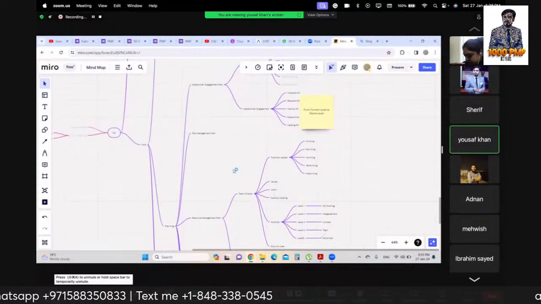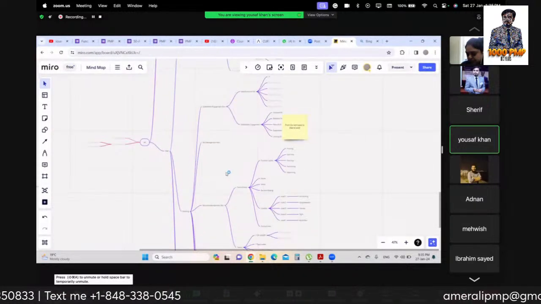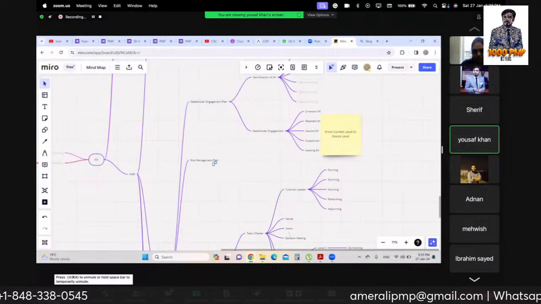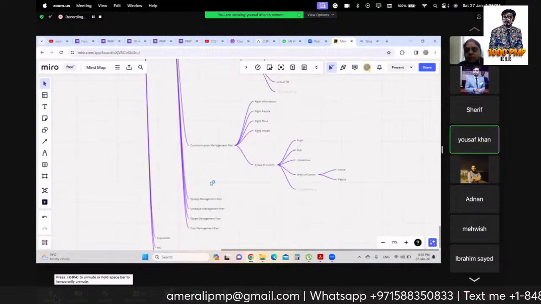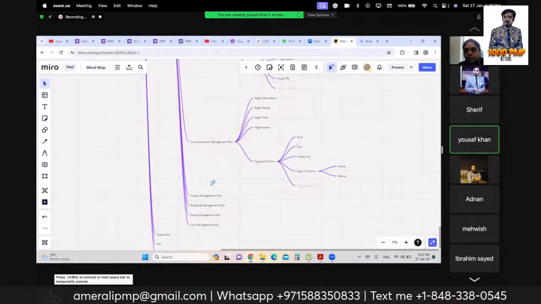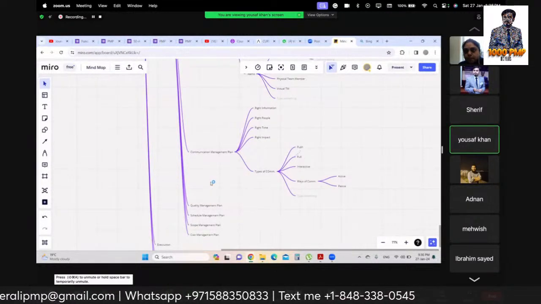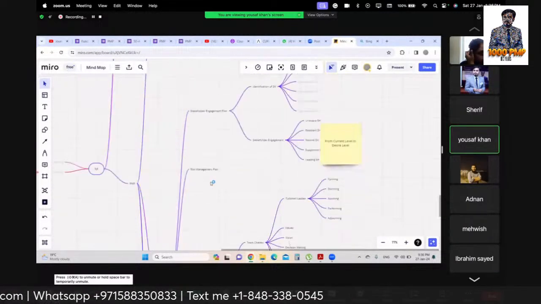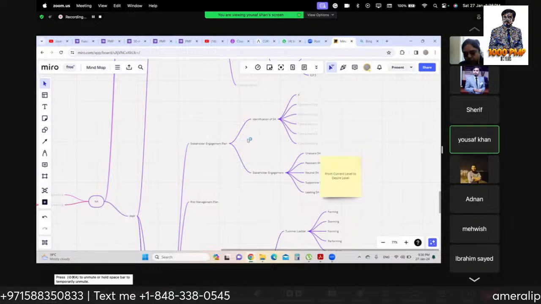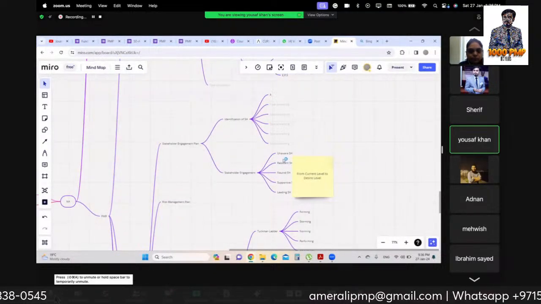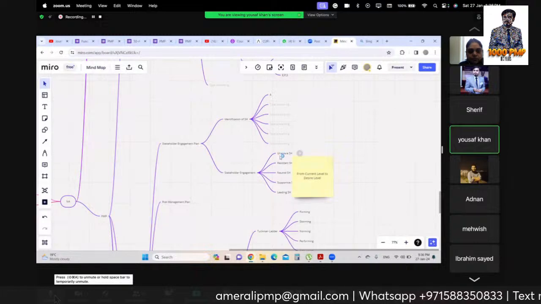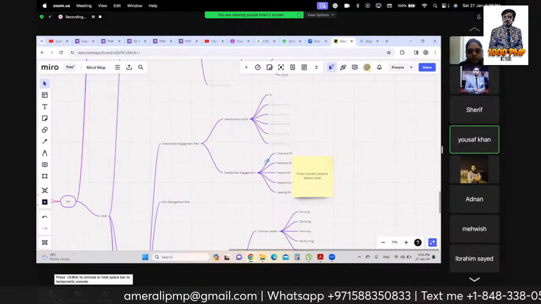So basically, we have different types of plan. We have stakeholder engagement plan, we have risk management plan, resource management plan, communication management plan, quality management plan, schedule management, scope management, and cost management. In stakeholder engagement plan, we have to put them in the matrix, like what is the current position of the stakeholder?